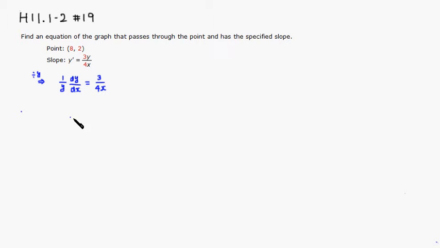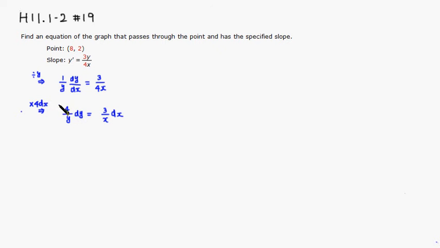To make it look a little bit better, I'm going to multiply both sides by 4 and also dx. That way dx is gone on the left, multiplied by 4, so you have 4 over y dy, which is equal to 3 over x, and the 4's cancel out, so you have dx.